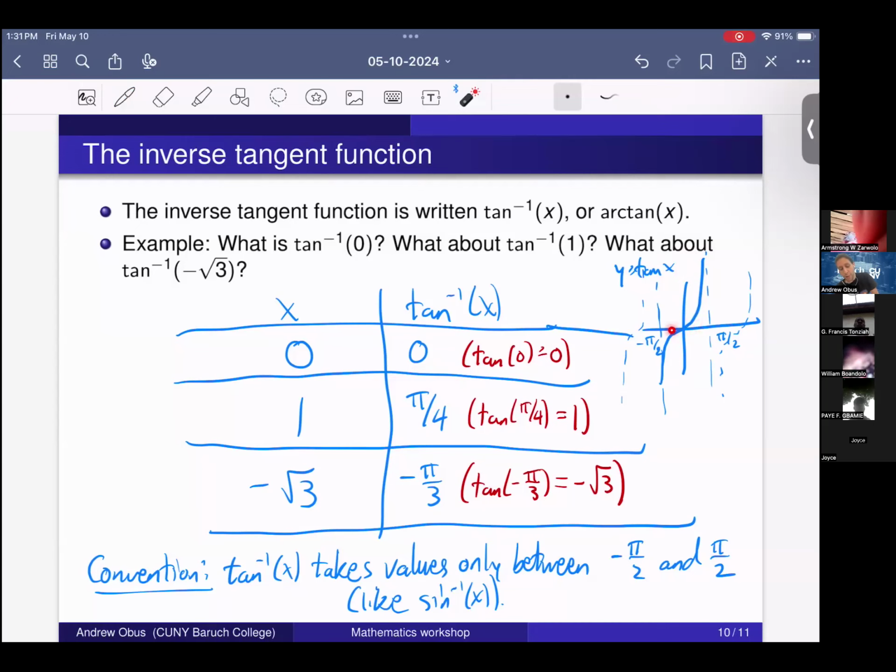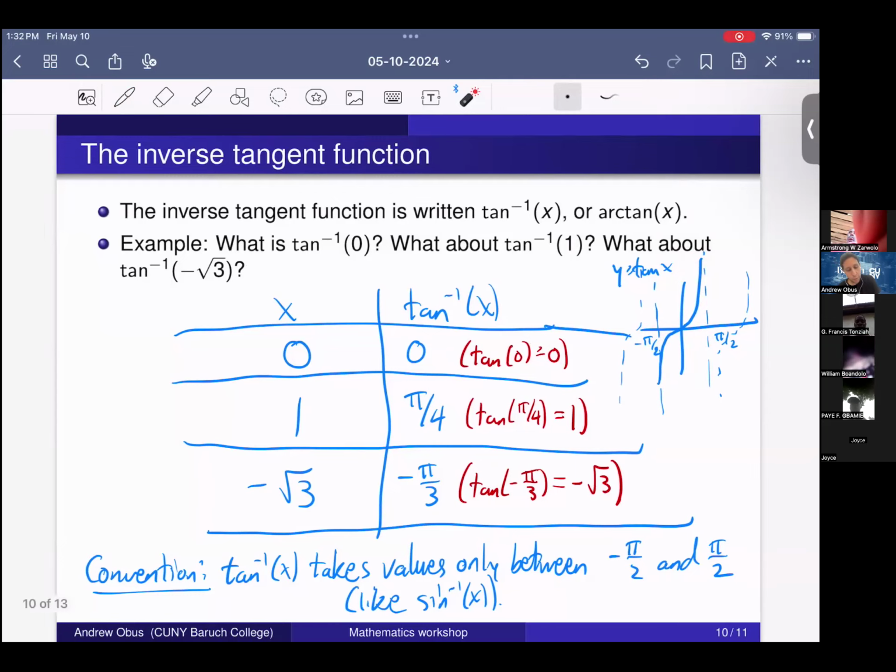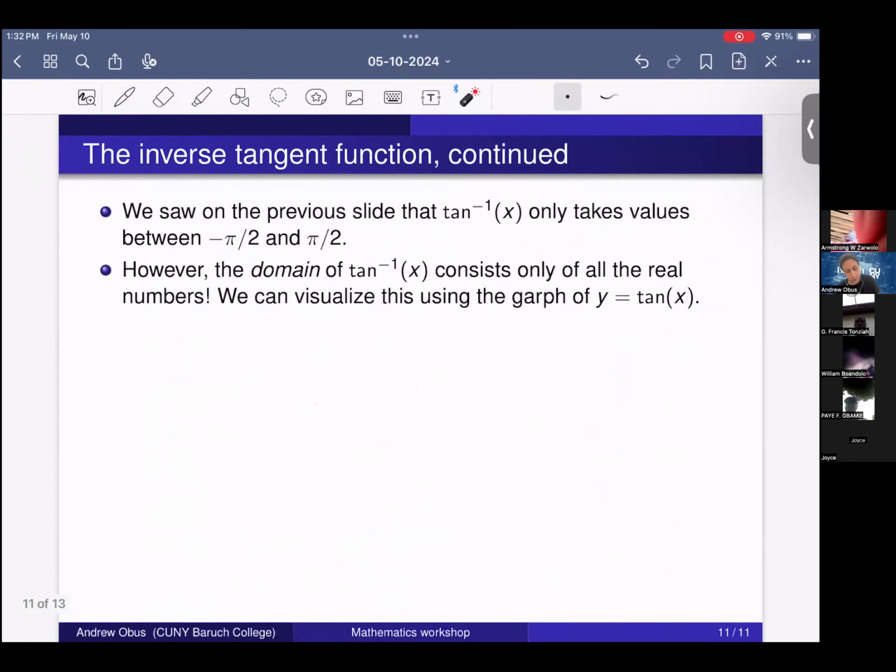You can find an angle between minus pi over 2 and pi over 2 whose tangent is that real number. So the inverse tangent function only takes values between minus pi over 2 and pi over 2. However, the domain of inverse tangent of x consists of all the real numbers.